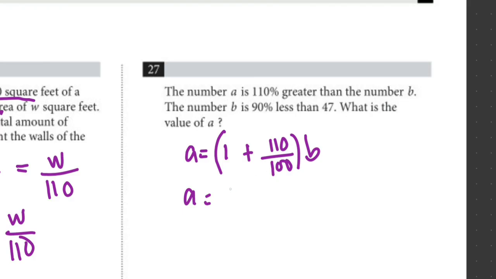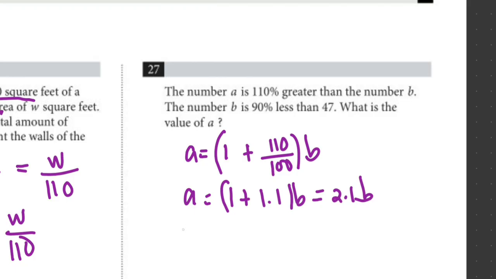That is 1.1. 1 plus 1.1. So this is 2.1B. Okay, and it is also given here that the number B is 90% less than 47.